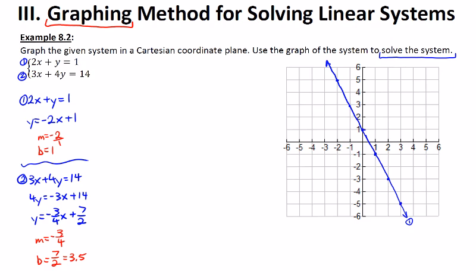So let me come up here to the y-axis at 3.5. We'll mark that point, and then from that point I need to use the slope. Let me go down 3, to the right 4, and let me see if I can go up 3, 1, 2, 3. It takes me a little bit off the grid, but not too bad.